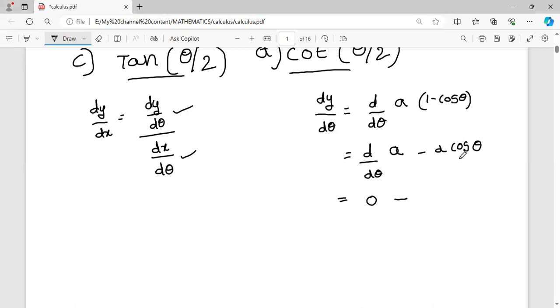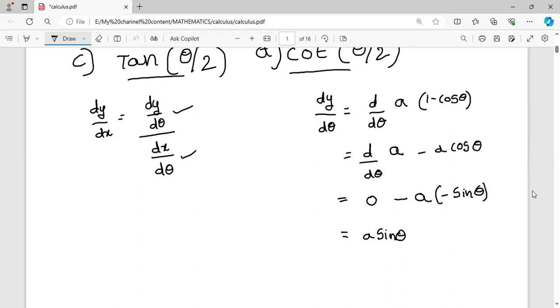Minus of a cos theta: for cos theta, the differentiation is minus sin theta. Then you will get minus of minus, plus a sin theta. In this way we get dy by d theta equal to a sin theta.